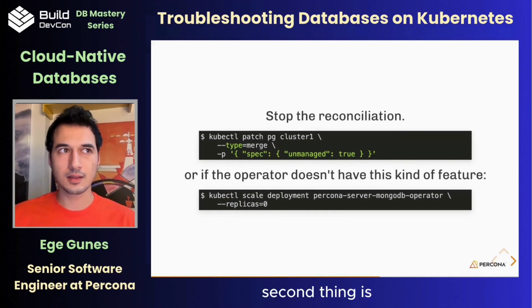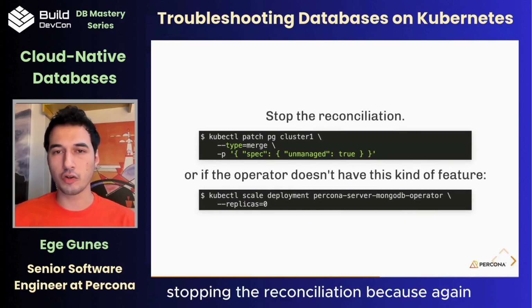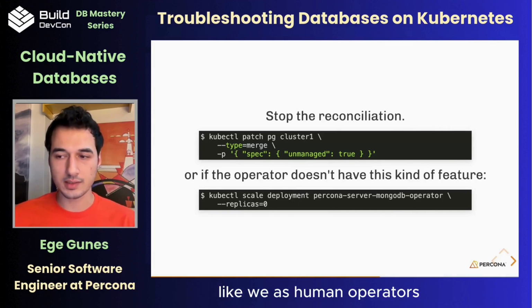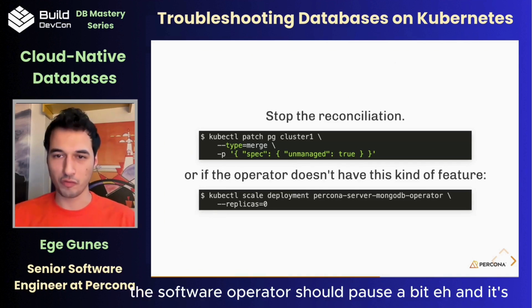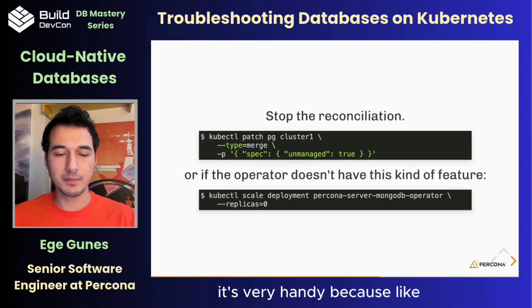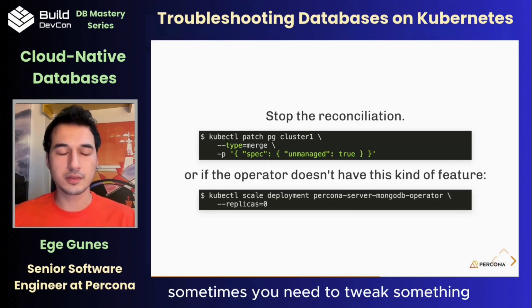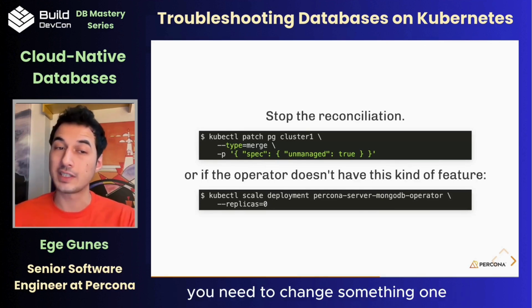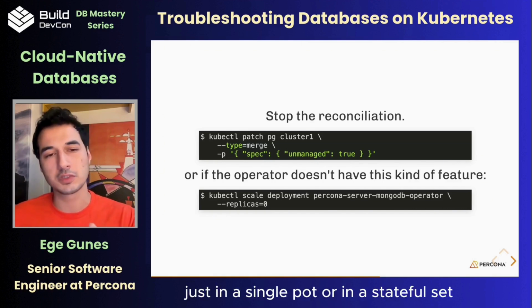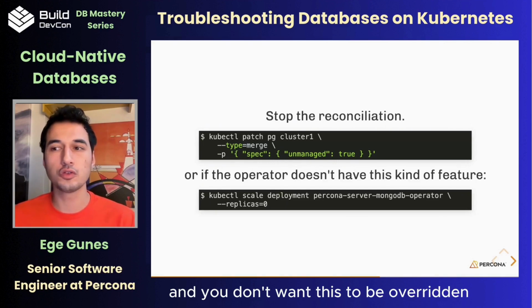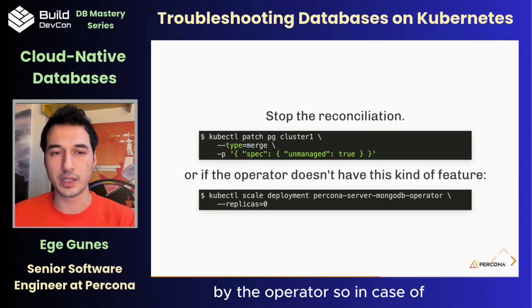Second thing is stopping the reconciliation. Because we, as human operators, are stepping in, the software operator should pause a bit. It's very handy because sometimes you need to tweak something or change something one-off, maybe just in a single pod or in a StatefulSet, and you don't want this to be overwritten by the operator.